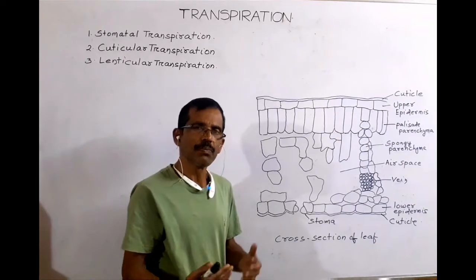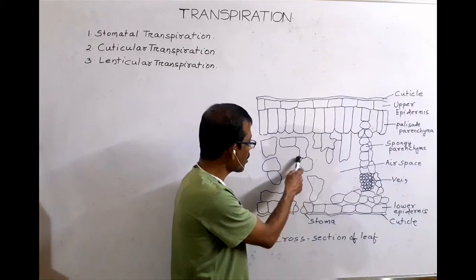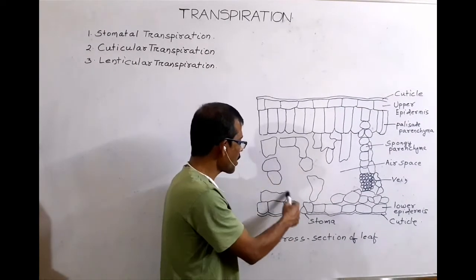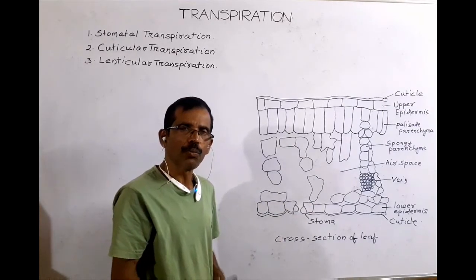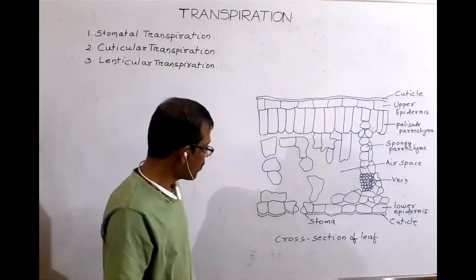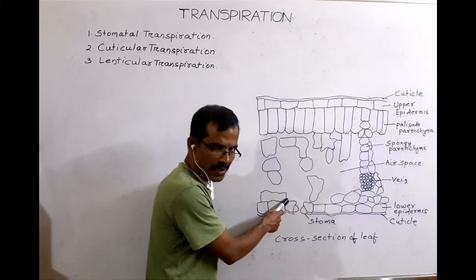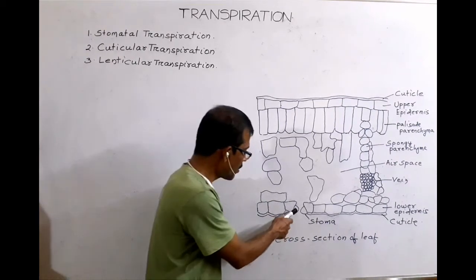It is believed that water is evaporated from the wall of the mesophyll cells that border the substomatal air space. But some workers are of the opinion that water vapor is mainly lost from the wall of the epidermal cells that are in the immediate vicinity of the guard cells.